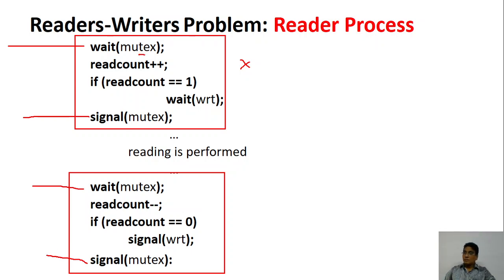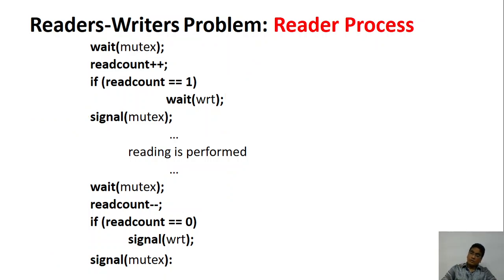On the mutex, remember, wait, lock it, signal, unlock it. Again, wait, lock it, signal, unlock it. So this whole thing has to be done in a single slot. When this step is performed, no others will disturb the readers.